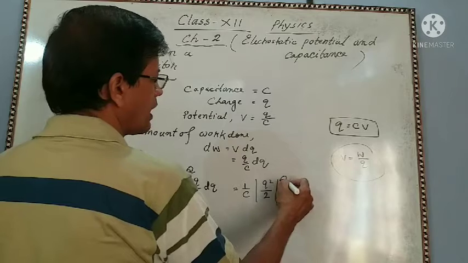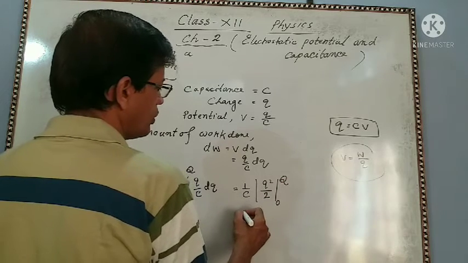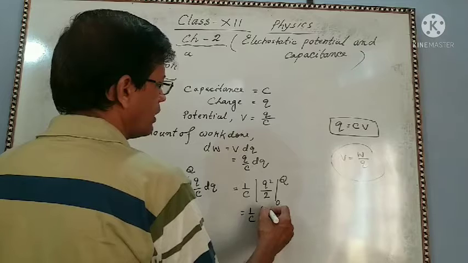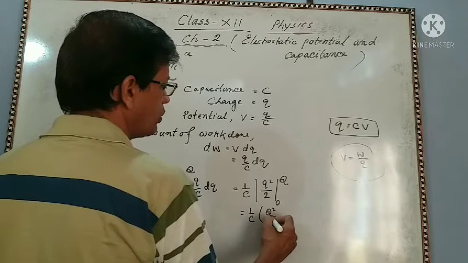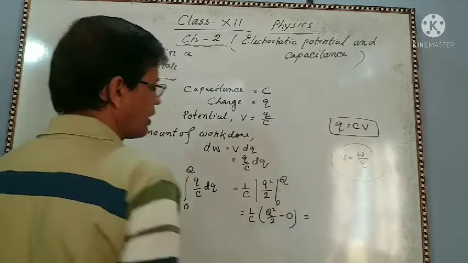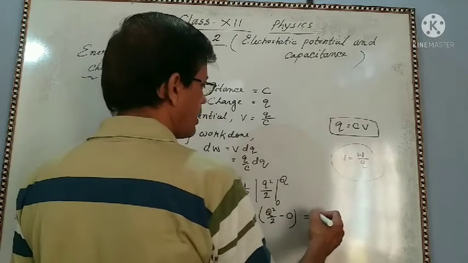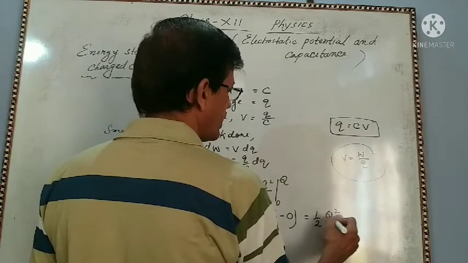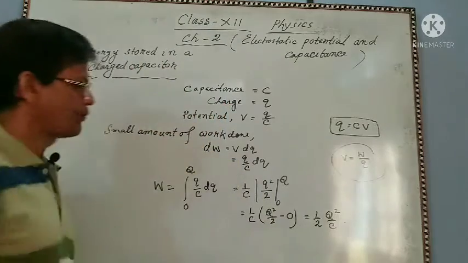Putting the upper and lower limits, this will be 1 by C into Q square by 2 minus 0, which is half Q square by C.